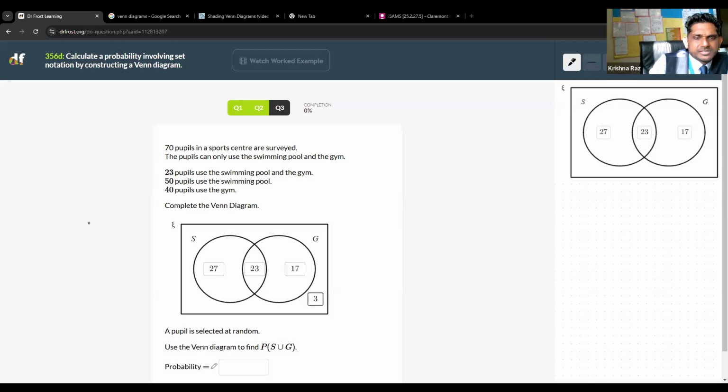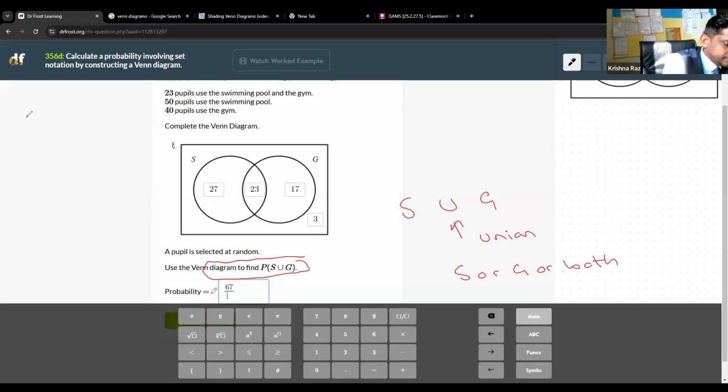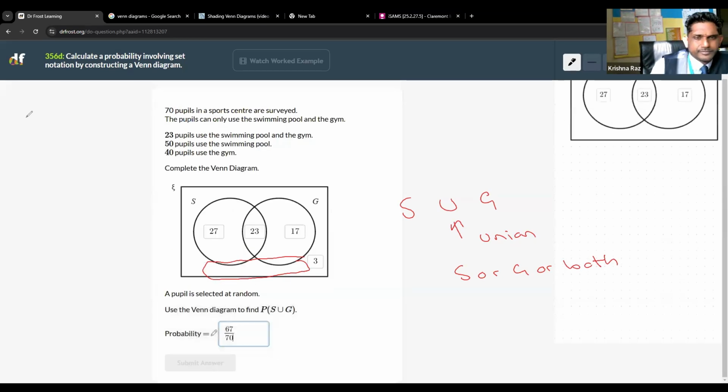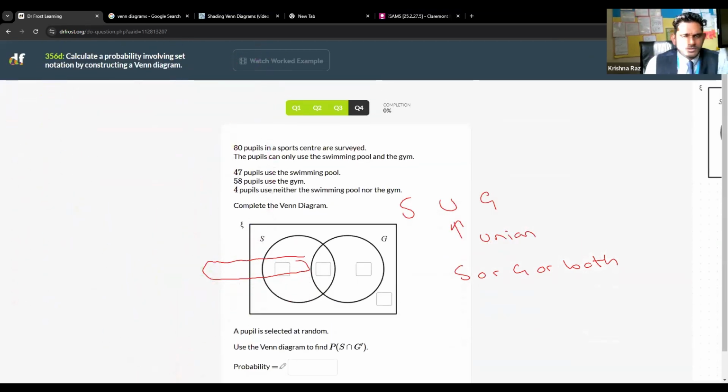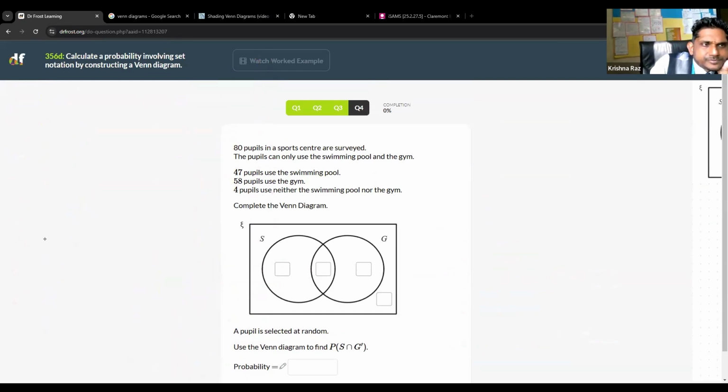Find the probability of S union G. So remember, this means the union, which is S or G or both. So it's those three numbers, which adds up to 67 out of 70. Done. Let's do this one. So again, pause the video, give it a go, and then come back.